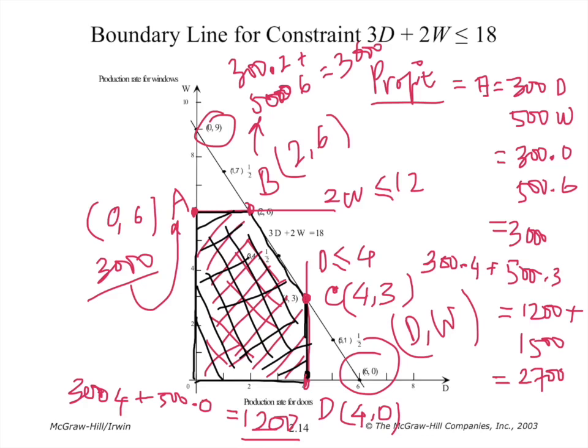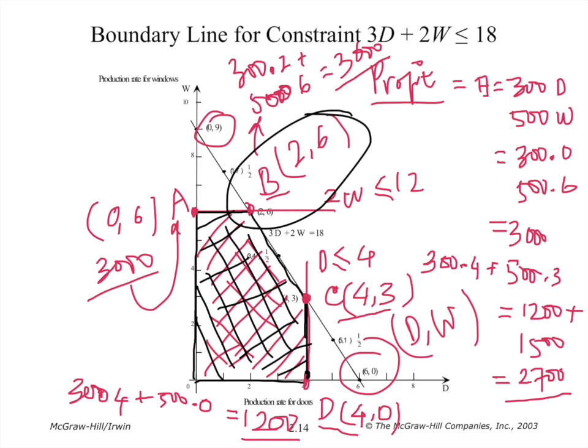So we get 3,000 for point A, and then 3,600 for point B, and then 2,700 in point C, and then point D is 1,200. So where is the maximum profit? Exactly, the maximum profit is at point B. Okay, that is the maximum profit.